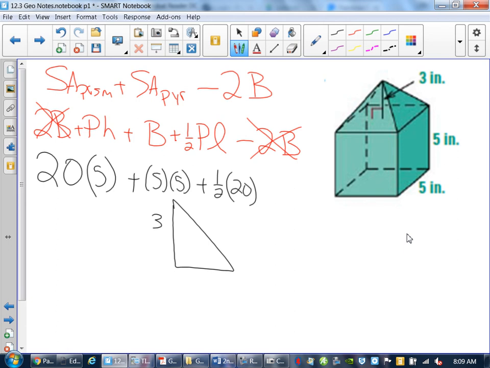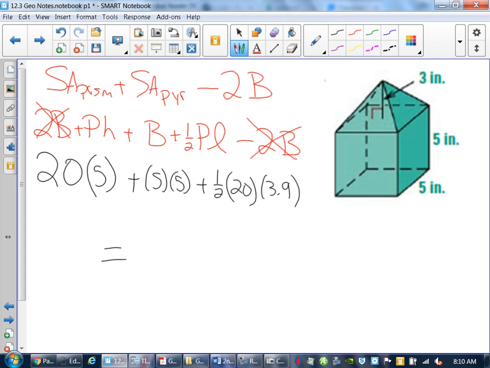Okay. So now, in this case, when you did the Pythagorean theorem, what did you get for your slant height? 3.9? Okay. So then I put all of that together, and I will then get my surface area.